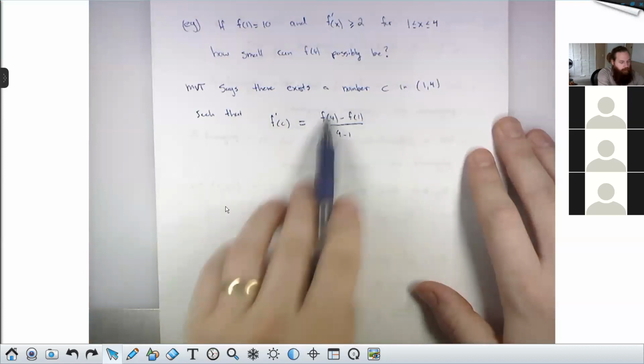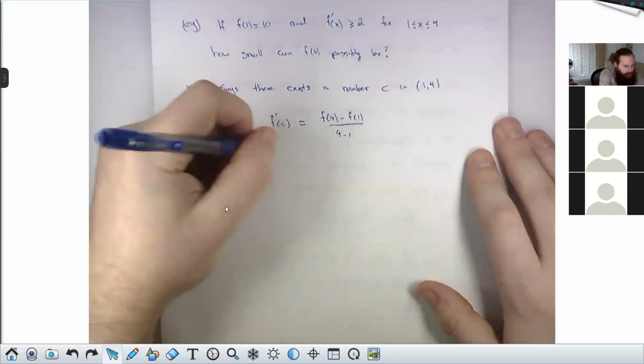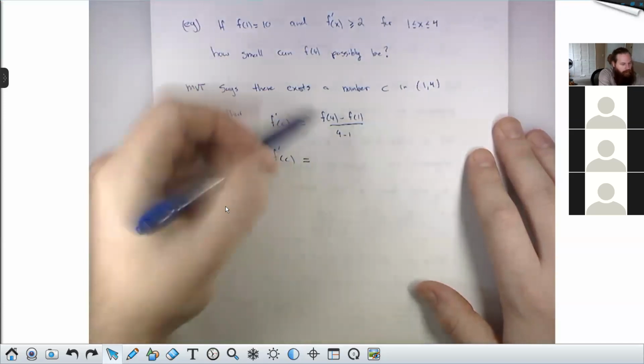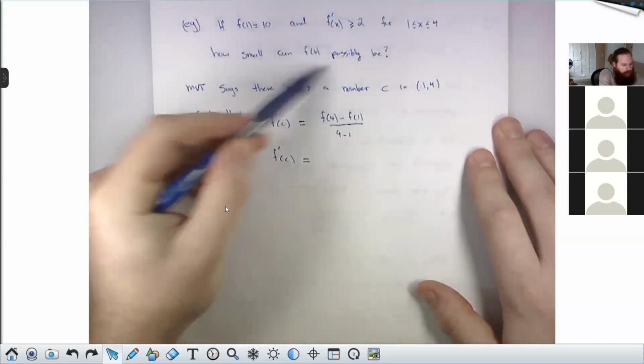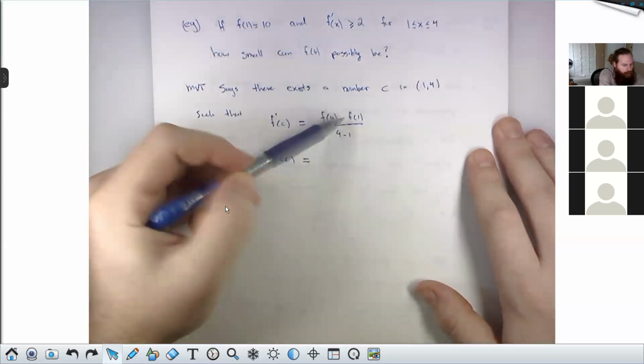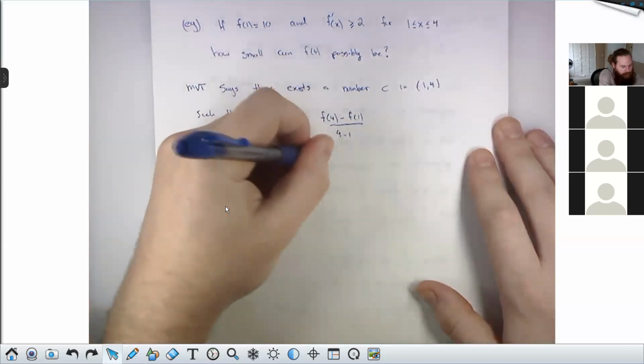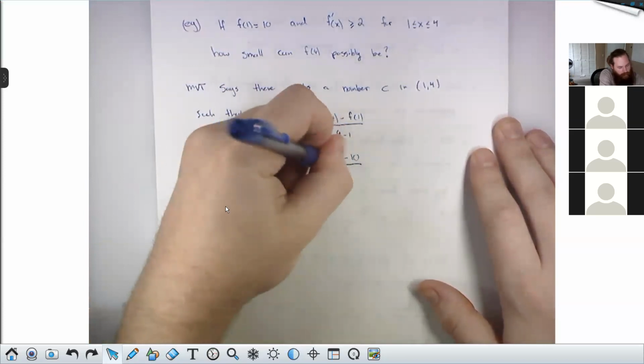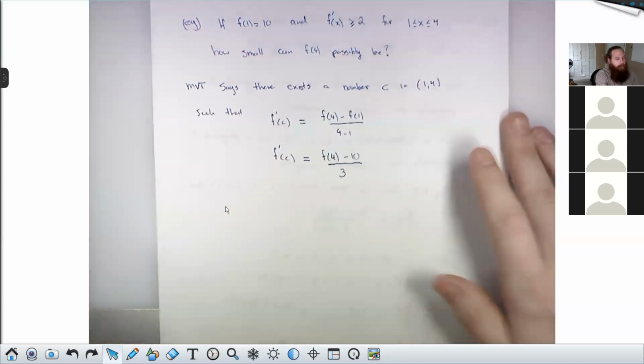Some of this stuff I know, some of this stuff I don't. F prime of C, I'm not going to do anything with it yet. F of 4, that's what I'm trying to figure out. F of 1, I was told that's 10, so this is f of 4 minus 10 all over 3. 4 minus 1 is 3.